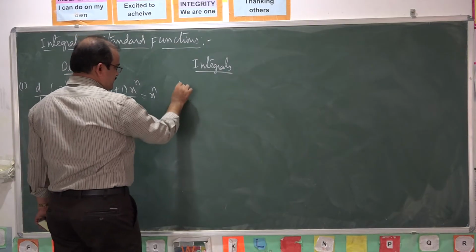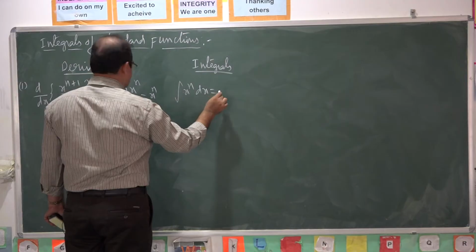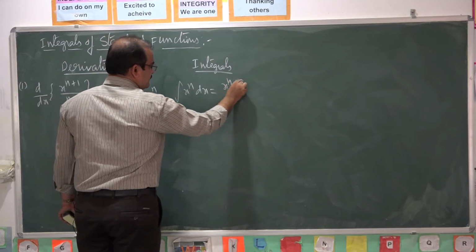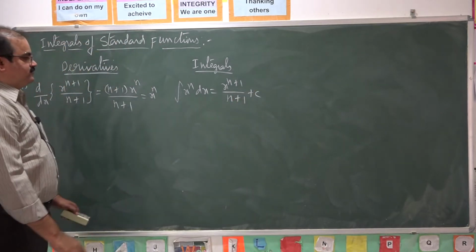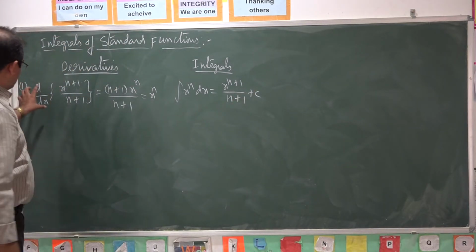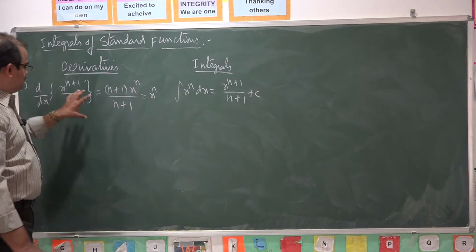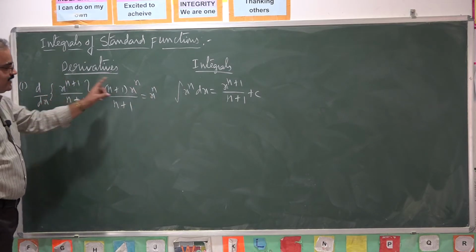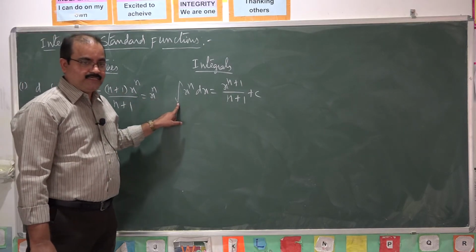In terms of integral, you write it as integral x power n dx is equal to x power n plus 1 by n plus 1 plus c. If the derivative of this function is x power n, then this function is called antiderivative of x power n. This antiderivative is called integral.